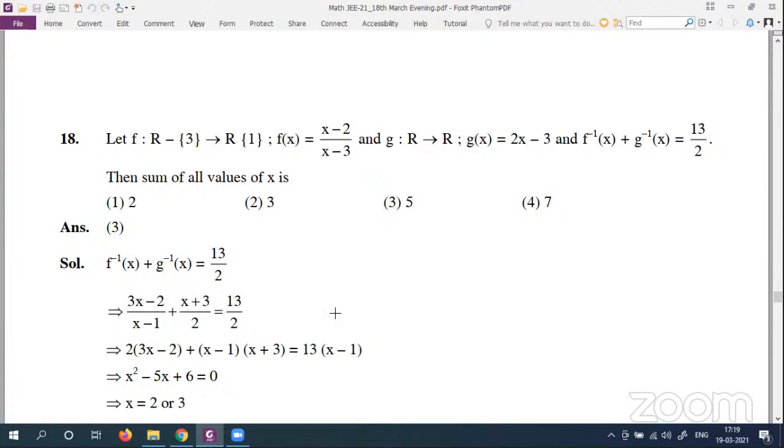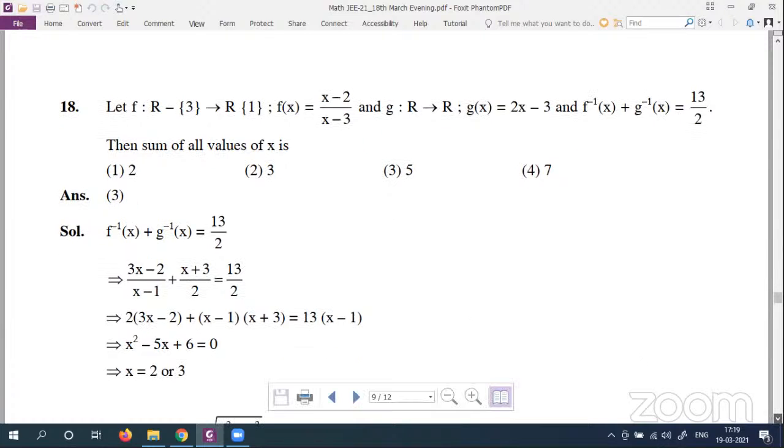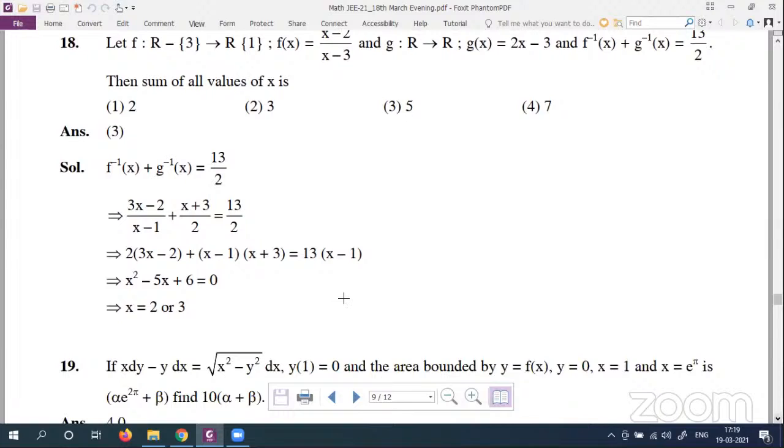So you can find the inverse functions. Easy question. For the given functions, for f of x you can find f inverse, and for g of x also you can find g inverse, and the sum of those two is given as 13 by 2. So solving that quadratic, we get the value of x is equal to 2 or 3. There will be two possibilities.